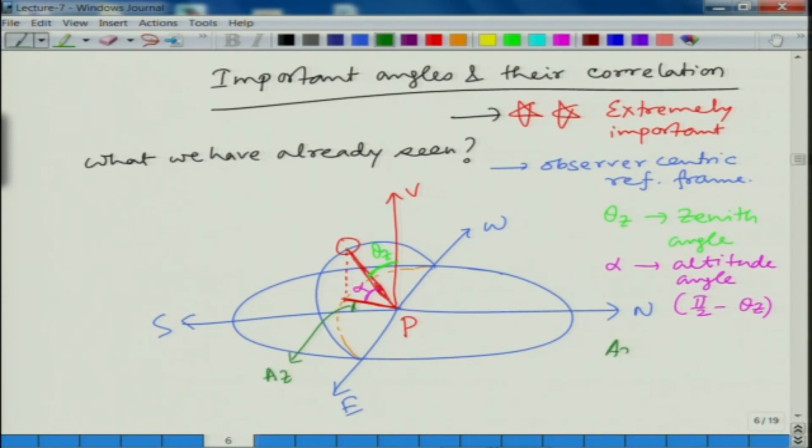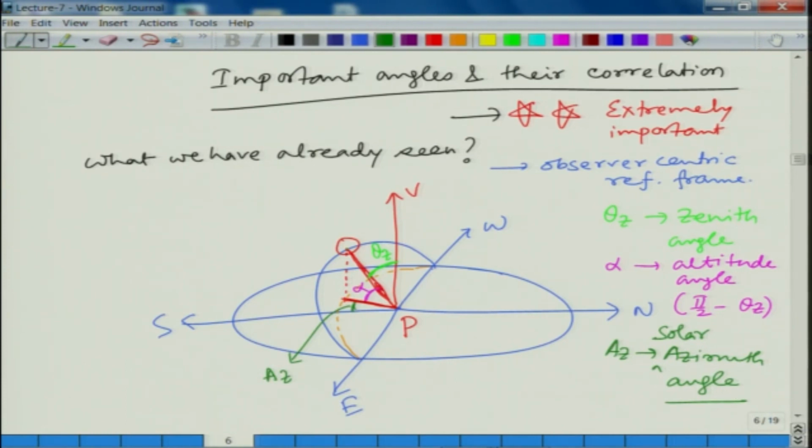AZ is the azimuth angle, or solar azimuth angle actually. Okay. But whenever it is called the azimuth angle, even if it is not mentioned as solar, we mean it to be the solar azimuth angle.